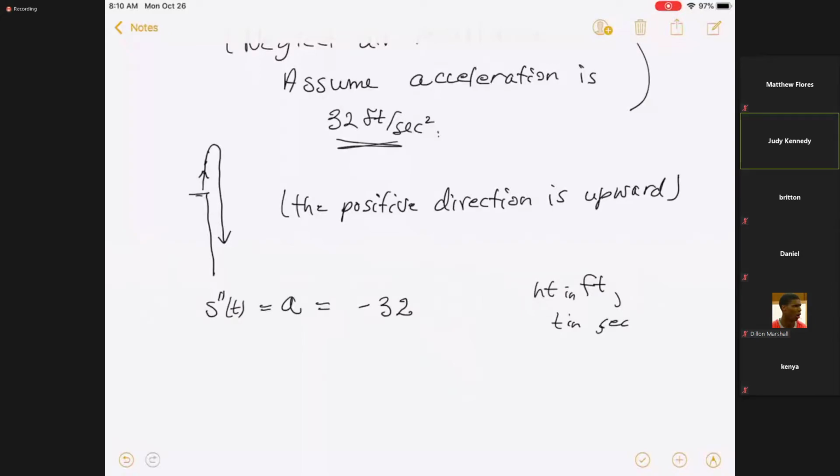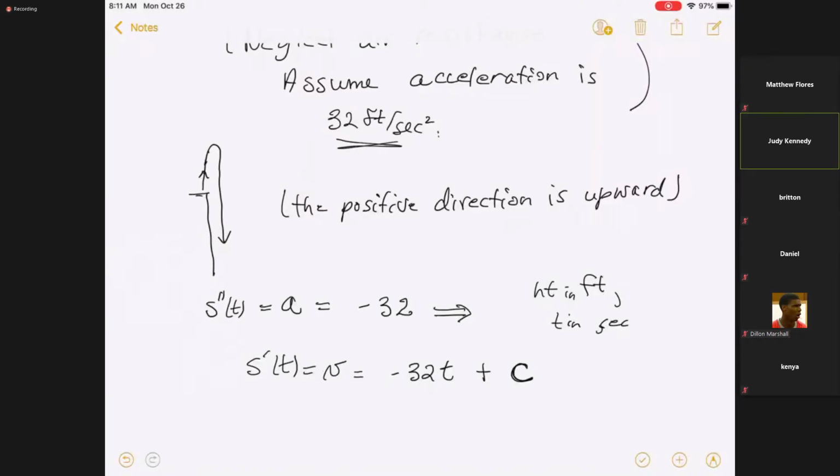All right, so the second derivative is minus 32. And to get the first derivative, we take an antiderivative of minus 32. Well, so s prime, which is going to be velocity, is minus 32t, and we get an arbitrary constant. If you take a function little f and look at its entire family of antiderivatives, well, if big F is a particular antiderivative, so is big F plus any constant.